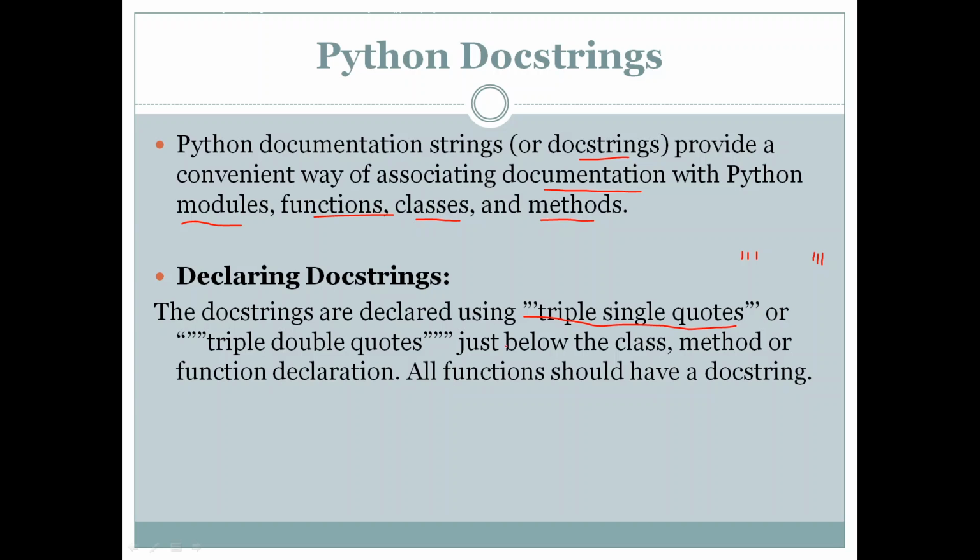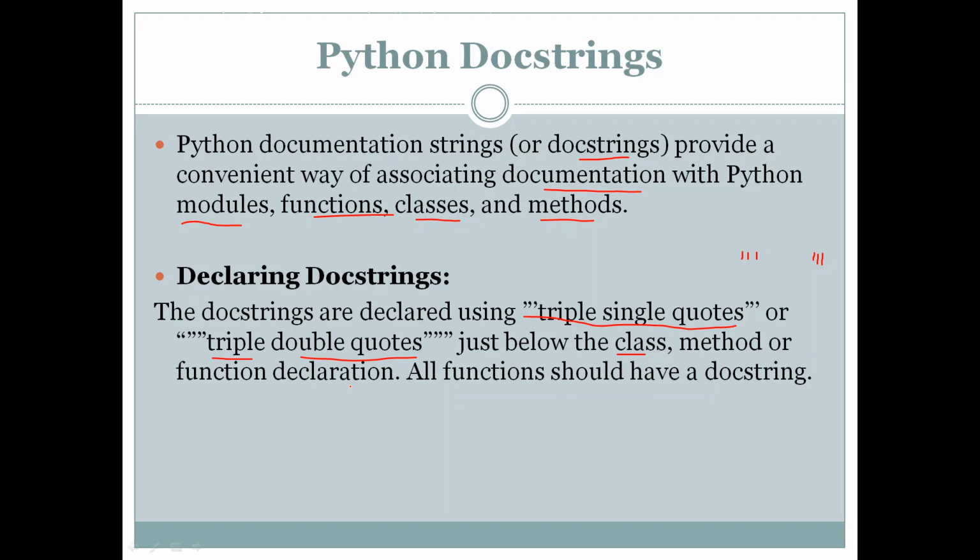Or we can use even triple double quotes as well to declare docstring, and this is declared just below the class, method, or function declaration.